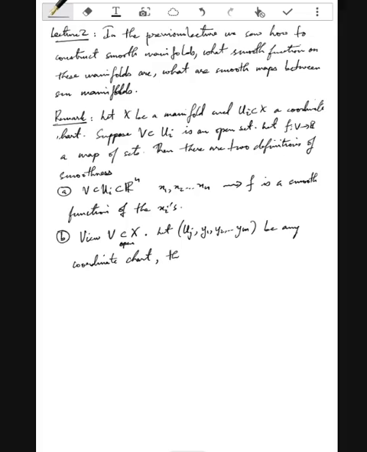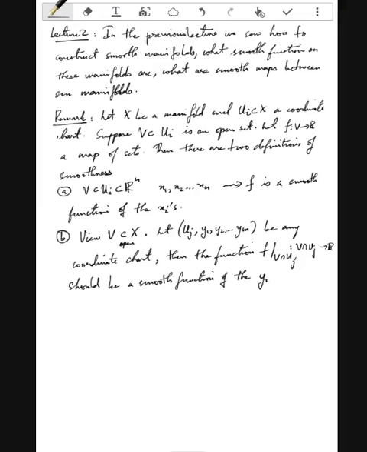Then the function f restricted to V intersection U_j, from V intersection U_j to R, should be a smooth function of the y_j's.